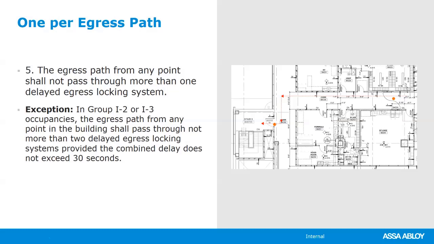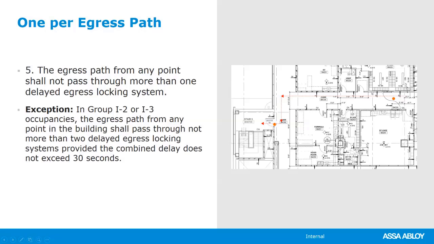The egress path from any point in the building shall pass through not more than 2 delayed egress locking systems, provided that the combined delay does not exceed 30 seconds. So this is a hospital, and I could have delayed egress here and delayed egress here, each one 15 seconds, no more than a total of 30 seconds combined.